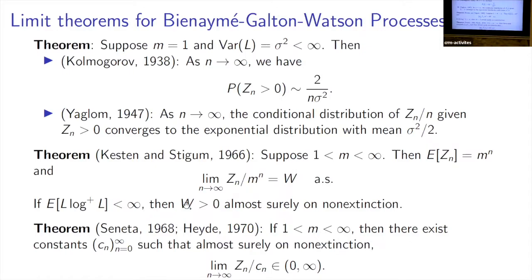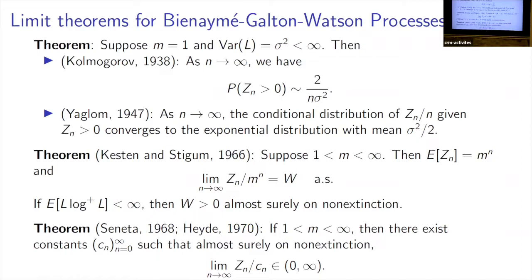As long as the expected value of L log L is finite, this limiting random variable W is positive almost surely on the event that the process does not go extinct. However, if the offspring distribution is sufficiently skewed that it has finite mean, but the expected value of L log L is infinite, then the random variable W will be zero almost surely.